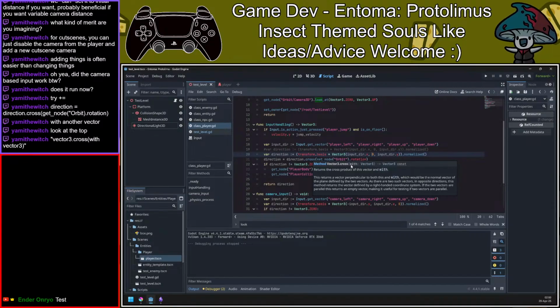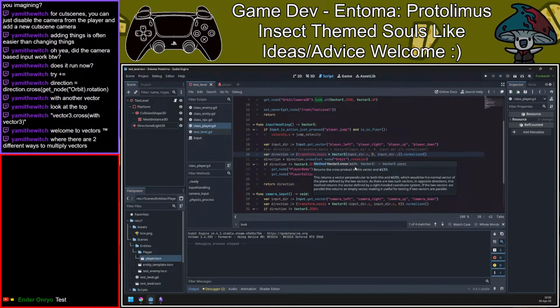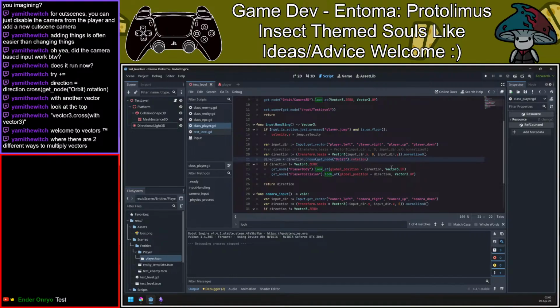That has got to be the dumbest syntax I have ever seen. That's not intuitive in the slightest. No, calling it with is what I'm complaining about, not the vectors themselves. Okay, so that did something.